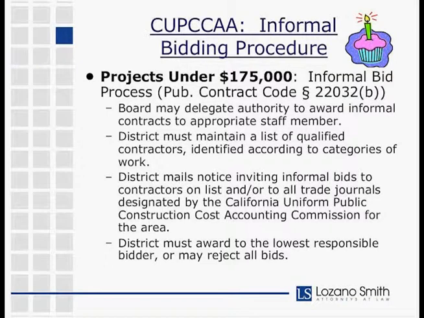The district maintains a list of qualified contractors by the category of work, and then it mails notice inviting bids to everyone on that list or to all trade journals designated by the Uniform Cost Accounting Commission. And the district may then award to the lowest responsible and responsive bidder or reject all bids.